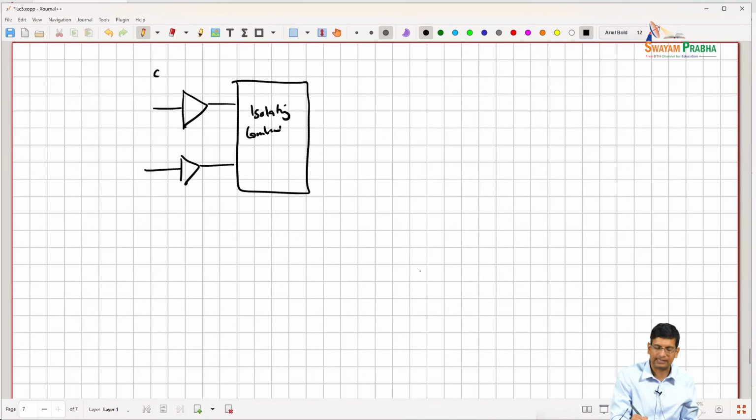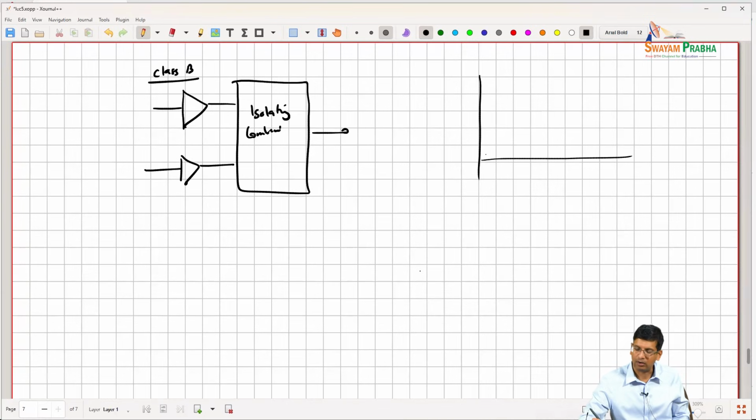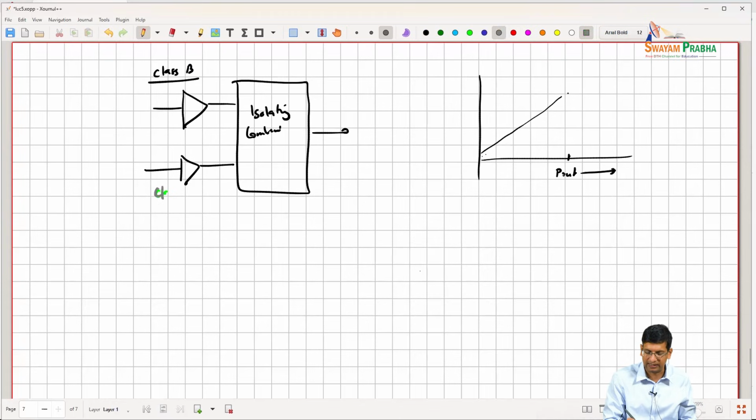Let's say that there is one PA that is biased in class B, and this PA is providing the output power for as long as there is this P out, and it has reached its maximum, and then if I need even more P out, then this PA turns on, and let's say that this PA is in class C. So we call this the peaking amplifier.